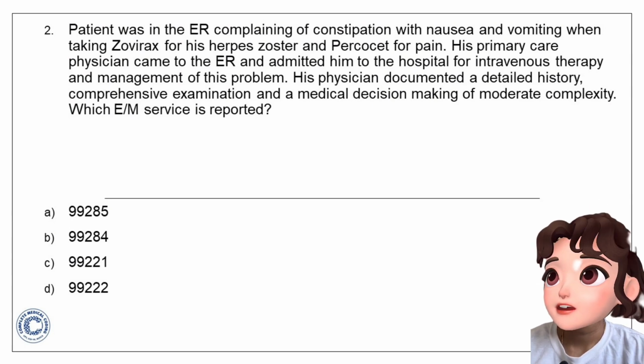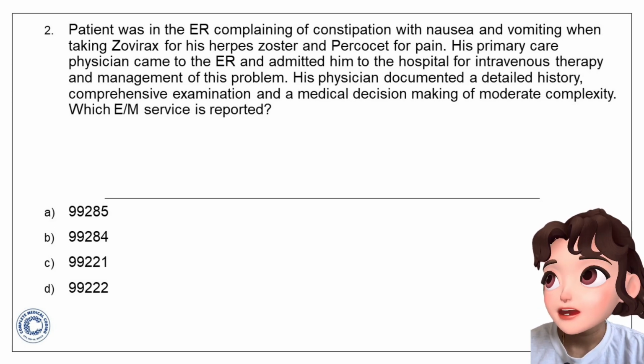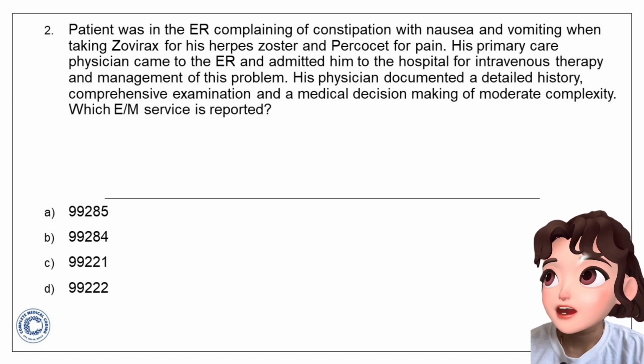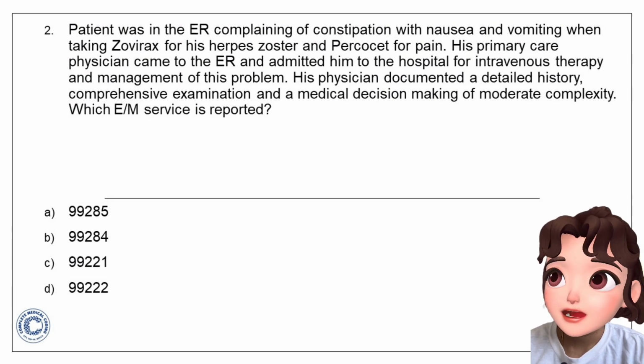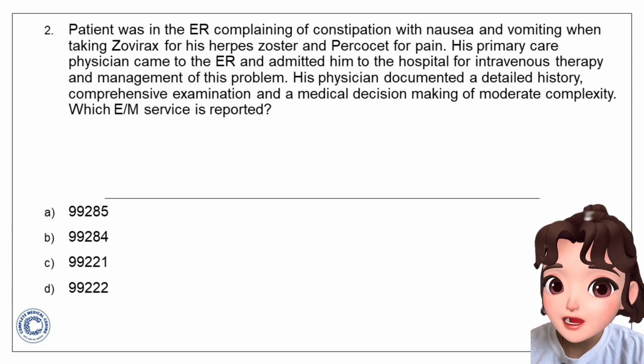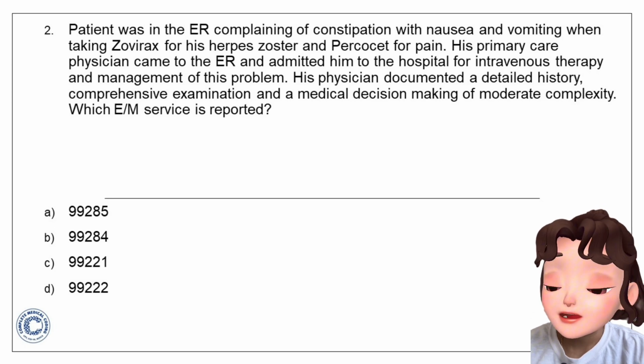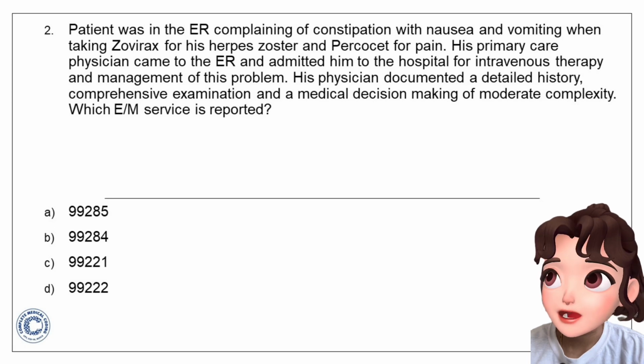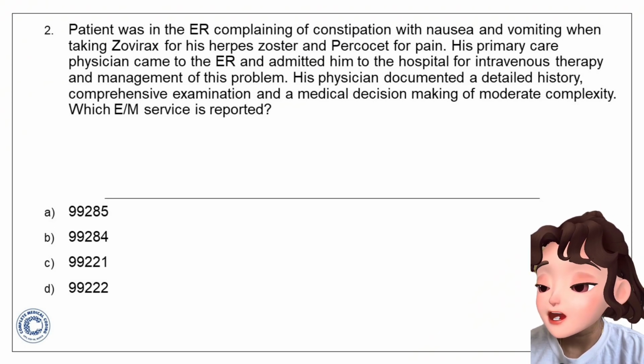So here he has been admitted and then IV therapy has been started. IV therapy initially takes 30 minutes. And then the physician documented detailed history, comprehensive examination, and MDM of moderate complexity. So you cannot code 50 minutes, because 50 minutes is not spent for a simple IV therapy. You cannot code the other one, the 99222 code.